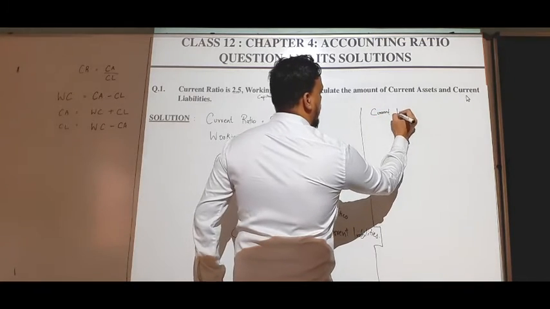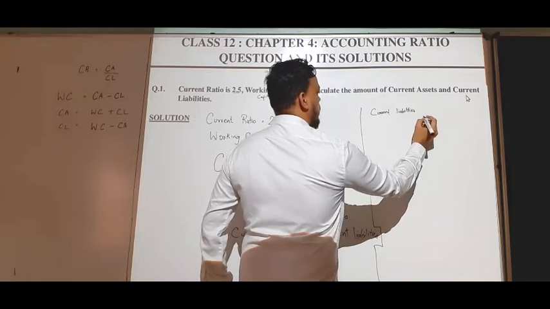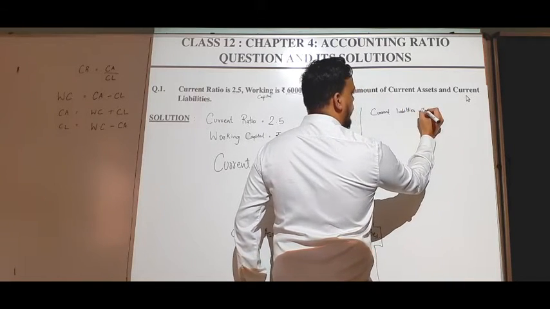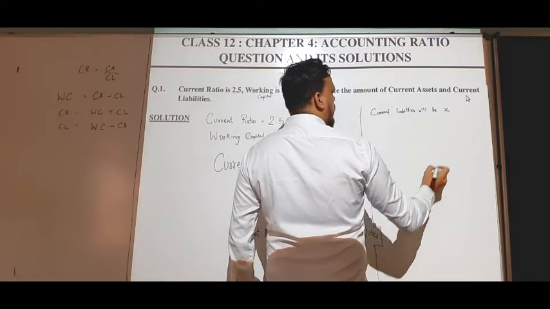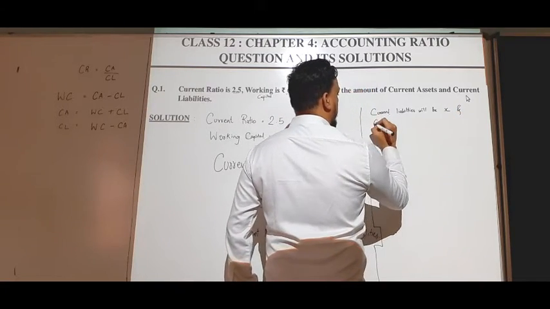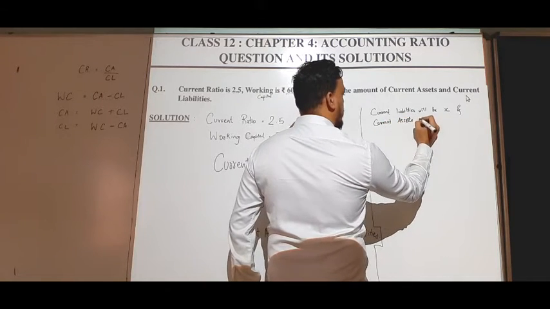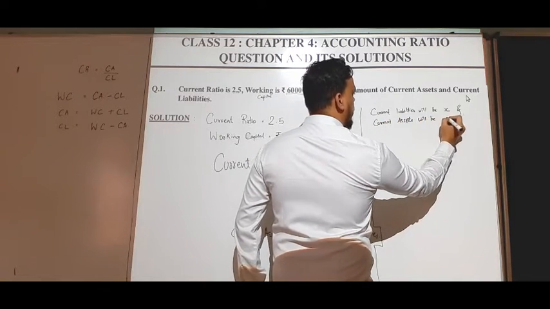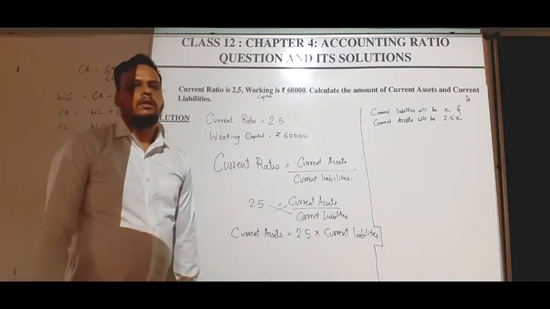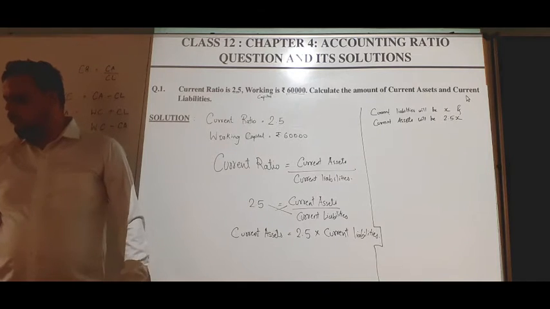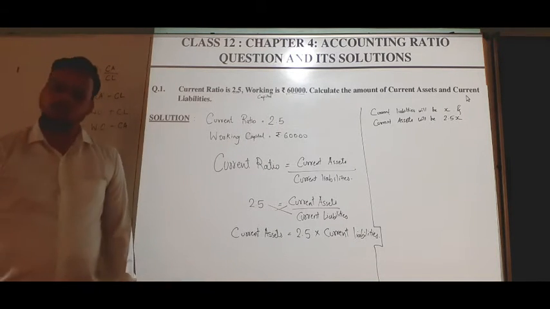current liabilities will be X and current assets will be 2.5x. This step is to be done by you because working capital has been given.